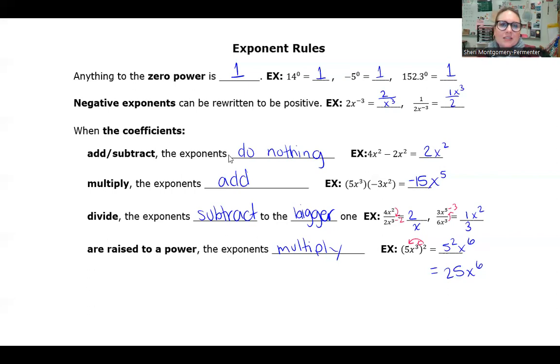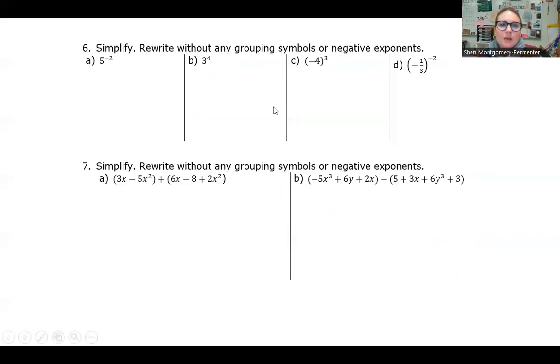All right, we got some more notes to do. So on to the back of the notes. These say simplify and rewrite without any grouping symbols or negative exponents. So for this one, how can we rewrite that and it has a positive exponent?